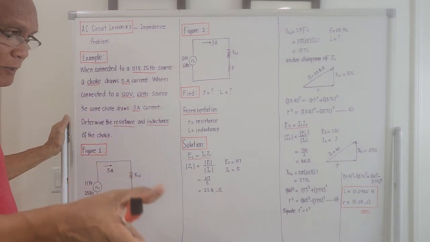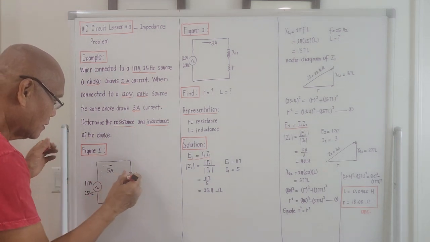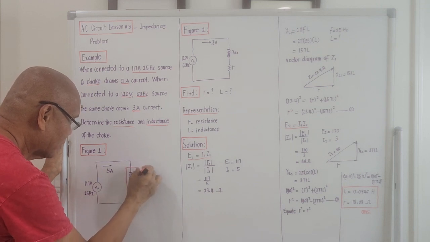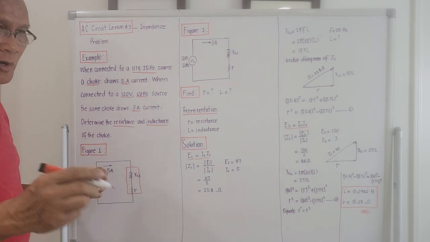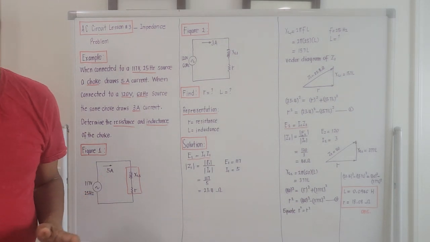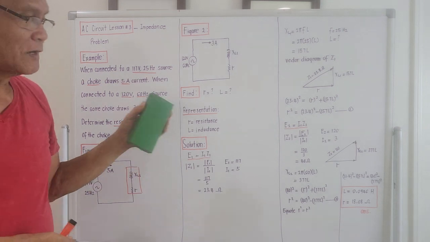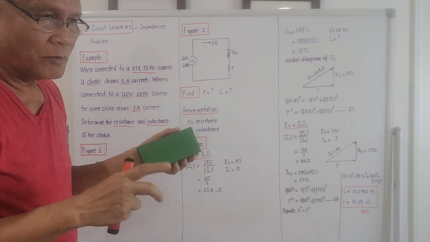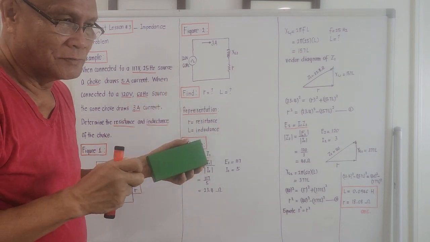If we bring out the diagram of the choke, it will be something like this: a rectangle, which is considered to be a choke. You have seen a ballast, a rectangular thing with a coil inside, whose purpose is to stabilize the current going to the fluorescent lamp.